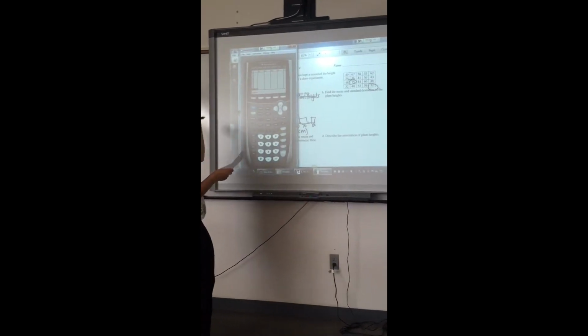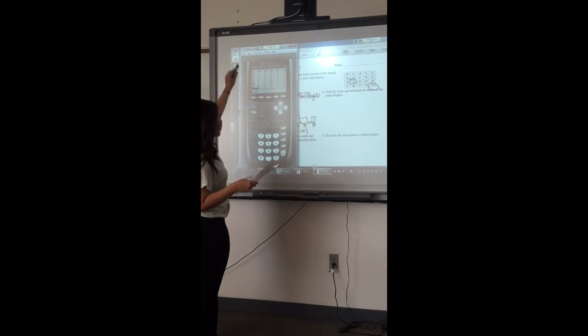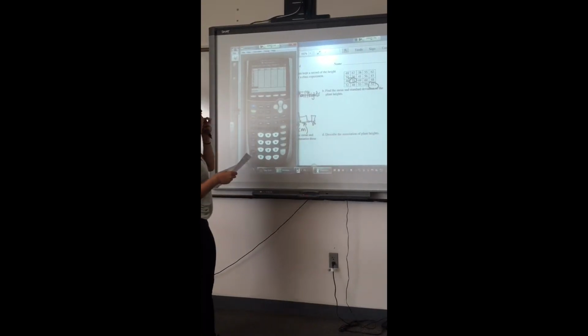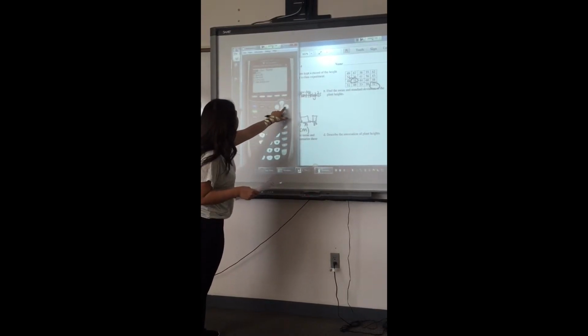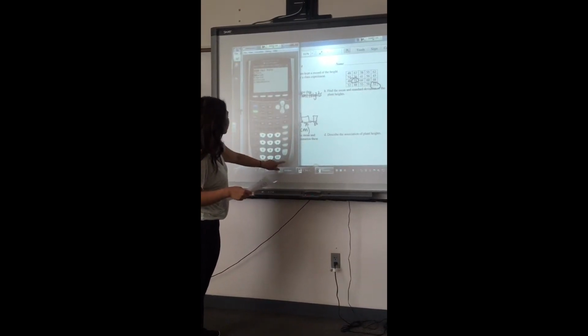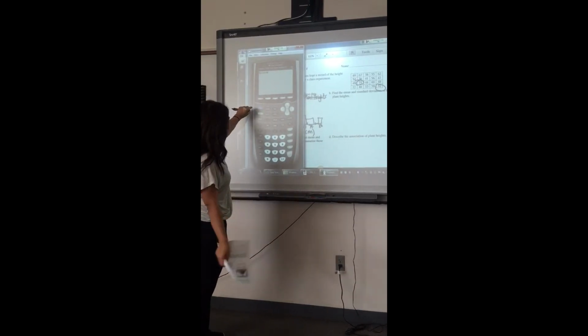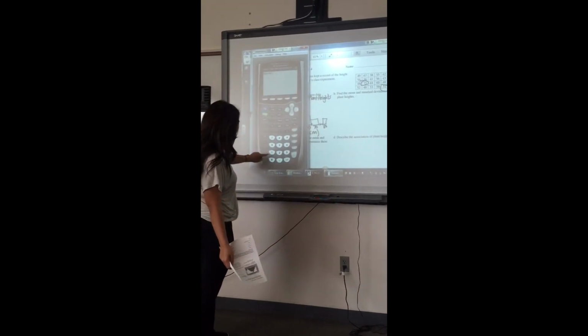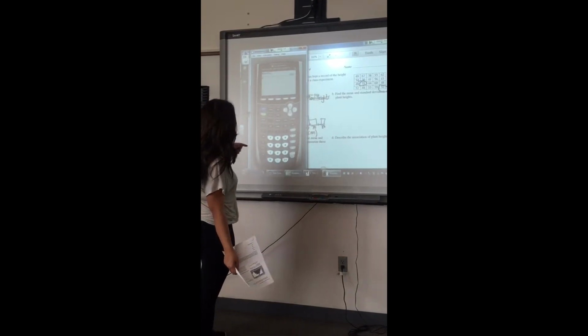Once you plug in all your data values, you have to sort them in ascending order, because if you don't, it's going to mess up your 5-number summary, so it's just something you should always do, just in case. So once you click on sort A, you do second, and then put in L1, and click enter.